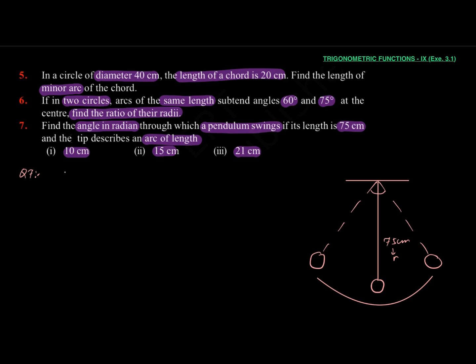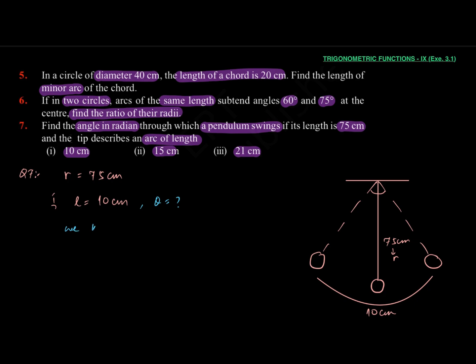So here in this case, the length of pendulum, which will be taken as radius, is equal to 75 centimeter in all three cases. In part number first, we have the length of arc is 10 centimeter. That is this very much. Now we'll have to find theta in this case. That is the angle through which the pendulum swings.